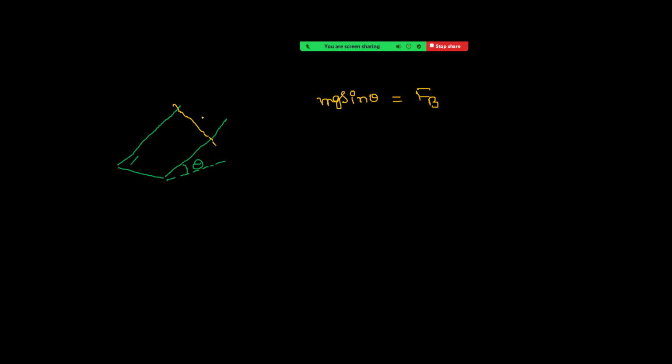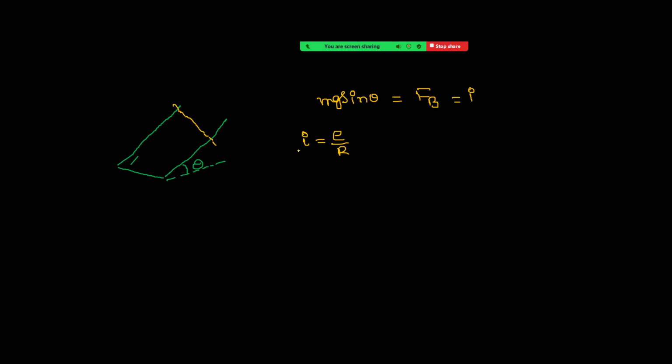First, the EMF is induced because of the motion of this wire. So what is the EMF induced? Because once we know EMF, we can calculate current I equal to E by R. Once we know current, the magnetic force is I into B into L.